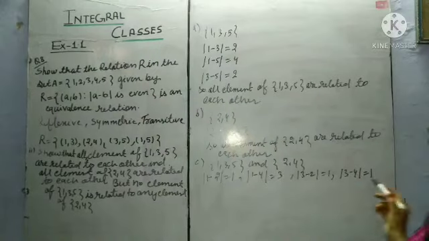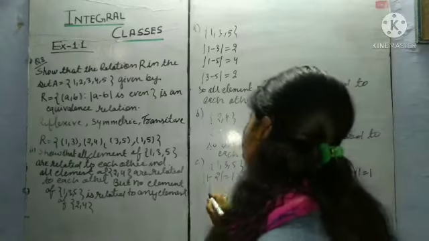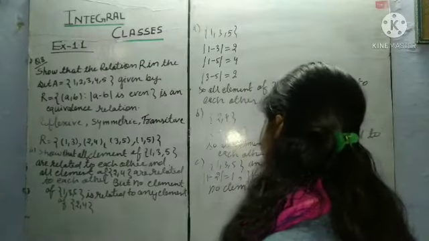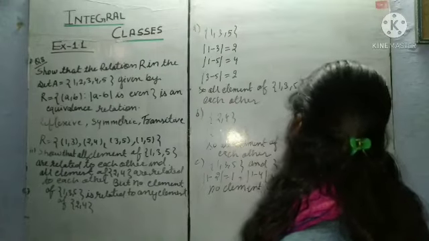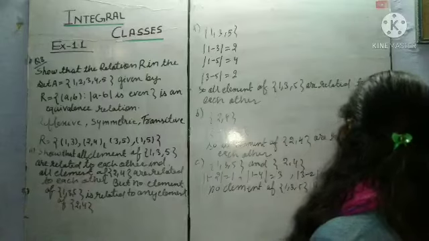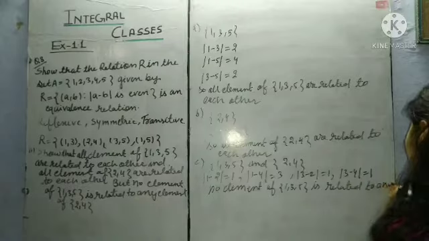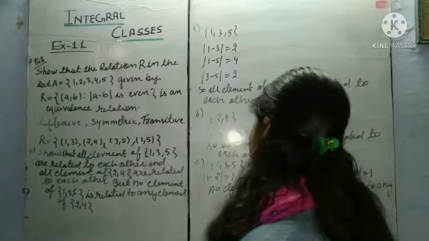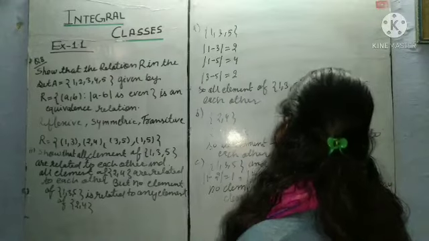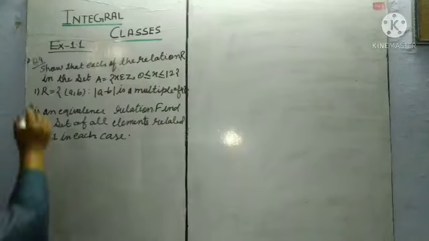In all of these conditions we get an odd number. So the answer is: no element of {1, 3, 5} is related to any element of {2, 4}.